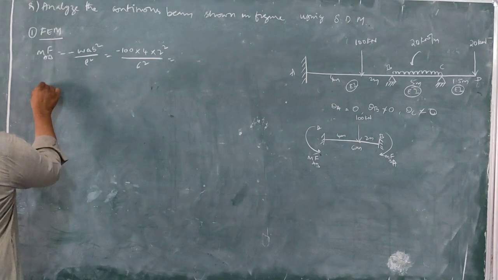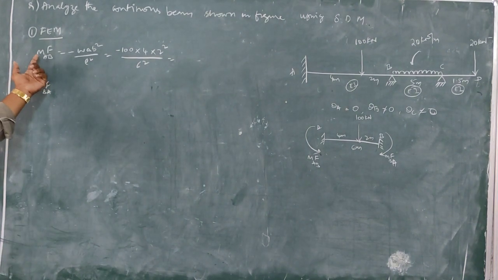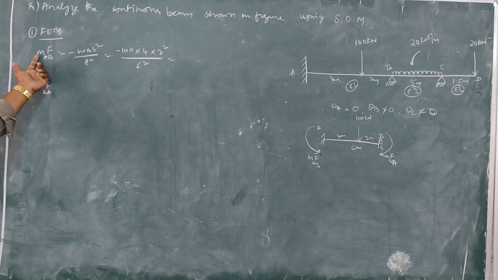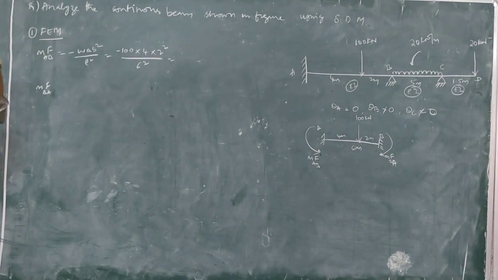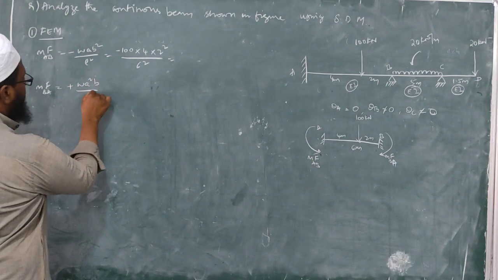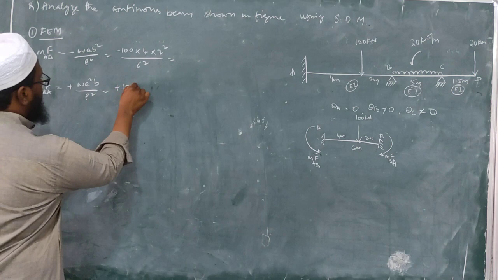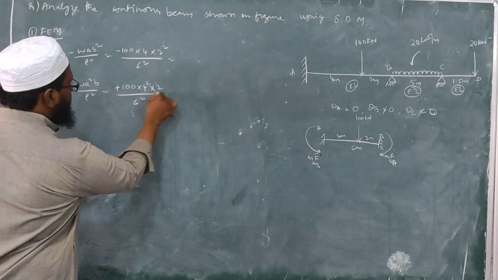Next we have MF BA. Make sure that this m is small. These are all fixed end moments, so we denote them with a small m. The final moment will be capital M. So plus W A square B by L square, that is plus 100 into 4 square into 2 by 6 square.